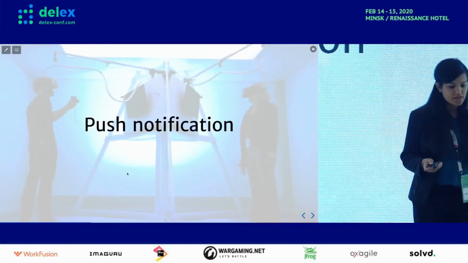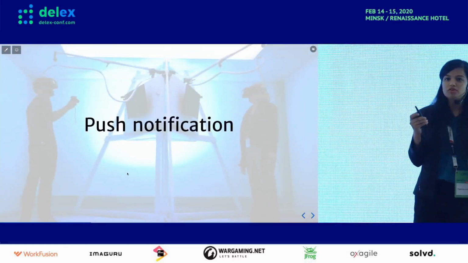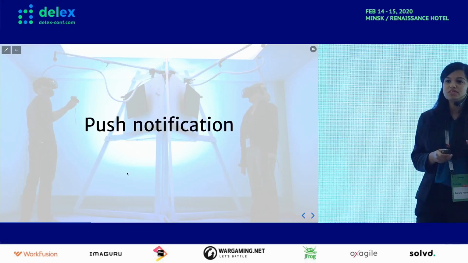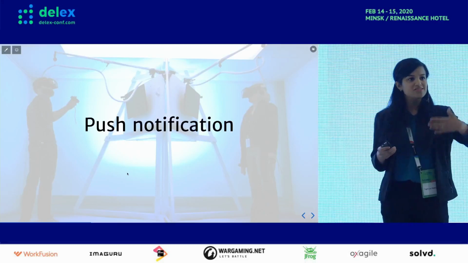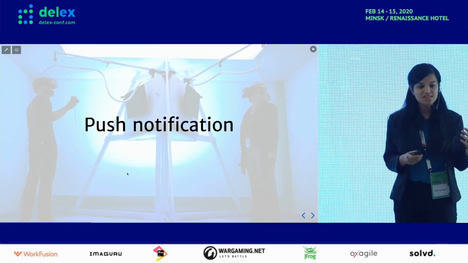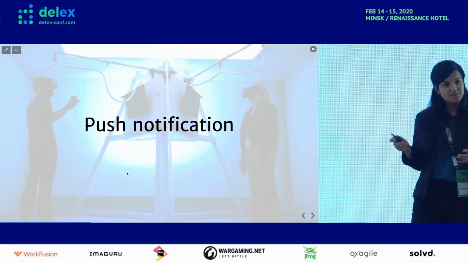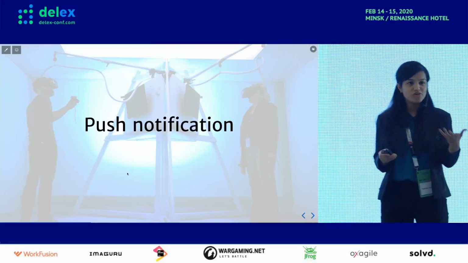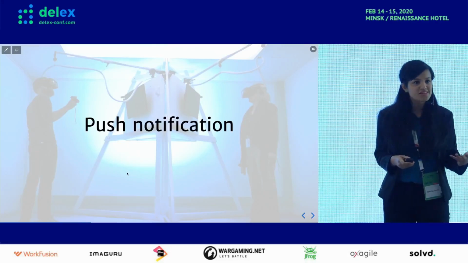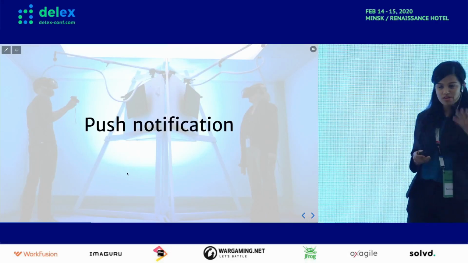The last one is, I'm sure some of you would have heard about service workers. Service workers is essentially a script that runs behind your browser. It's not exactly tied to your application anymore, so regardless of whether your application is active, it's able to do certain things in the background and interact with the user.